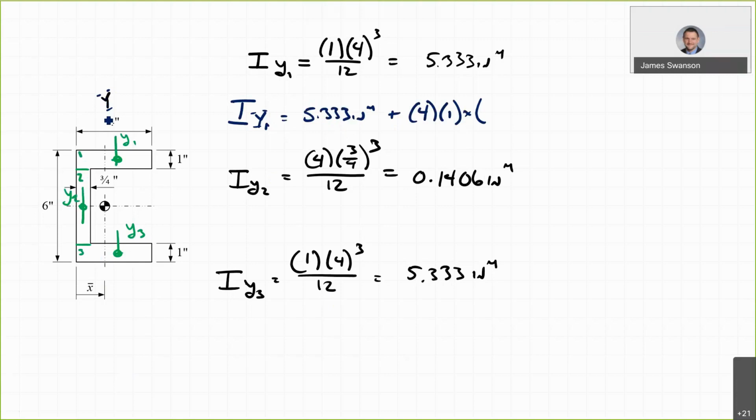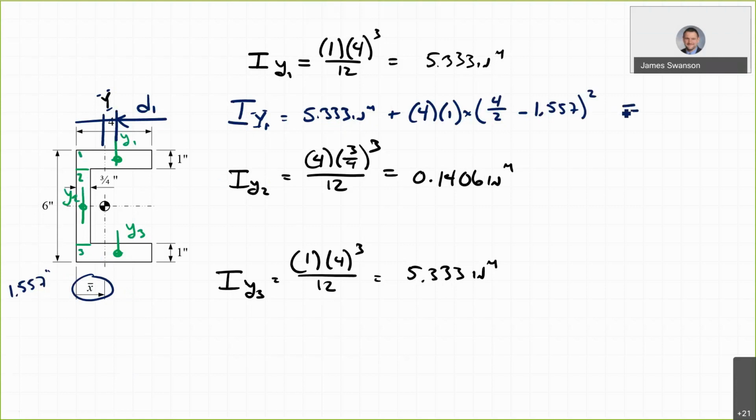So that distance is going to be this value here, d1. So I said that the centroid here was 1.557. So I'm going to take this, half the distance is going to be 4 over 2, then minus 1.557, and then we square that.